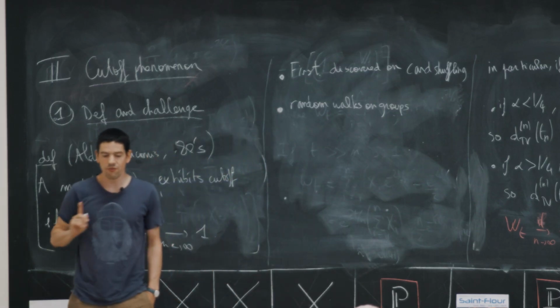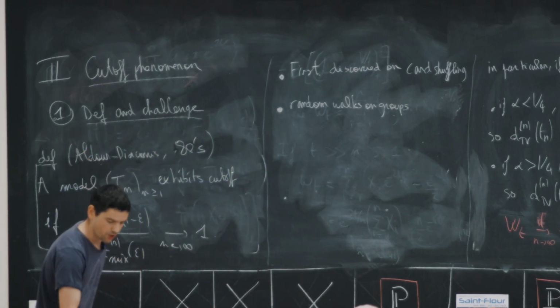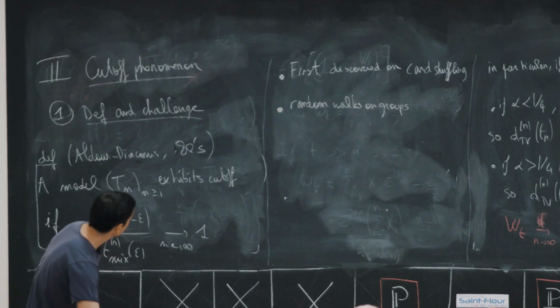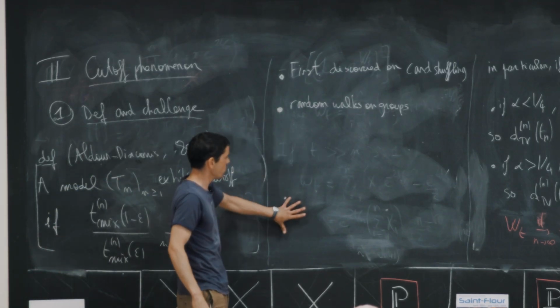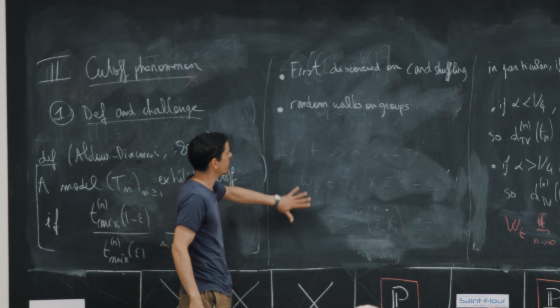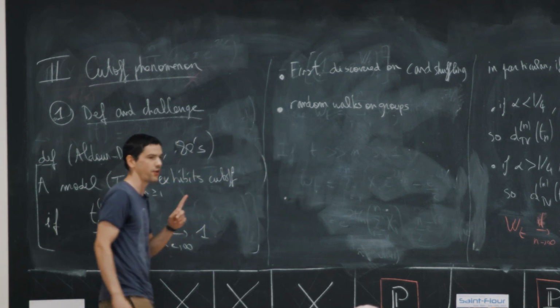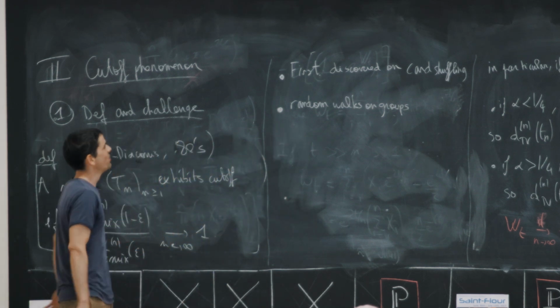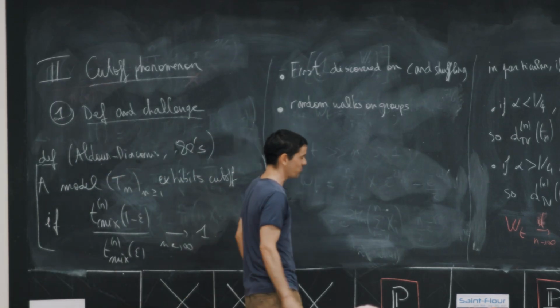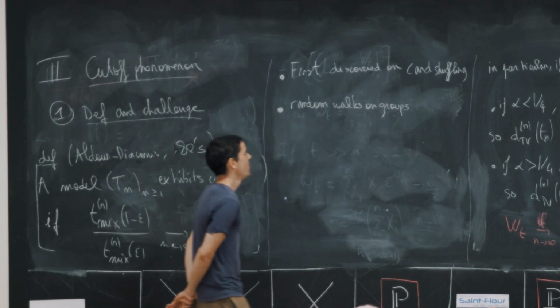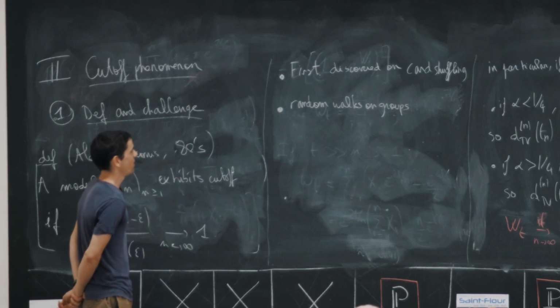There are hundreds of examples now of cutoff, so I cannot cite every one, but what I'm going to do is in each of those, I'm going to list a few categories where cutoff has been proved, and for each of them I will give you one reference. So your job will be to look at all the references that are cited by the paper to get a proper vision of the state of the art.